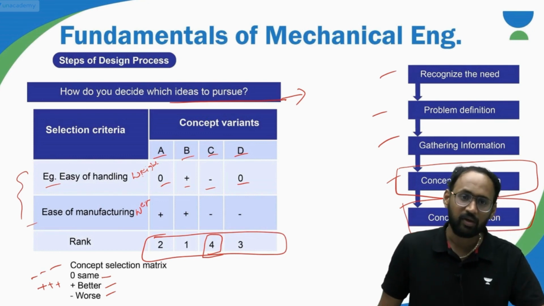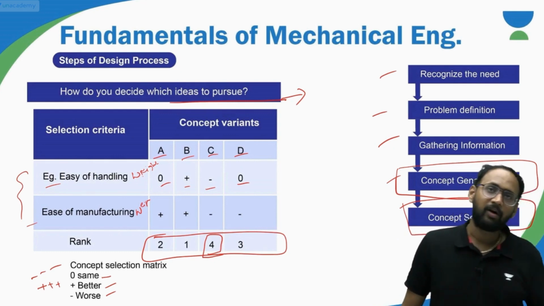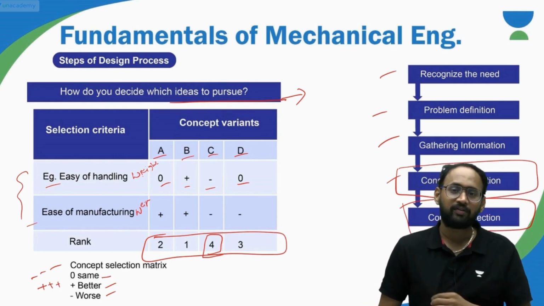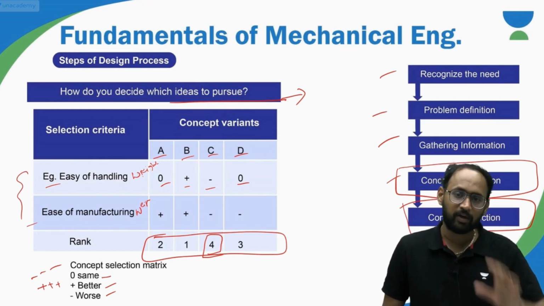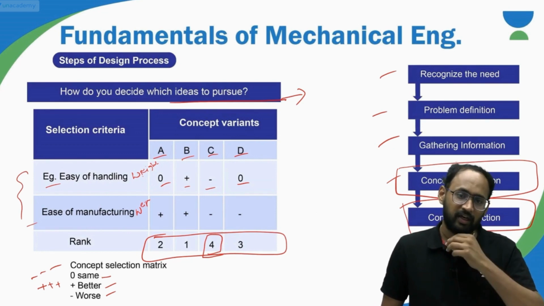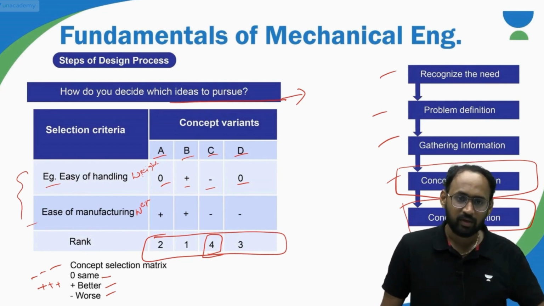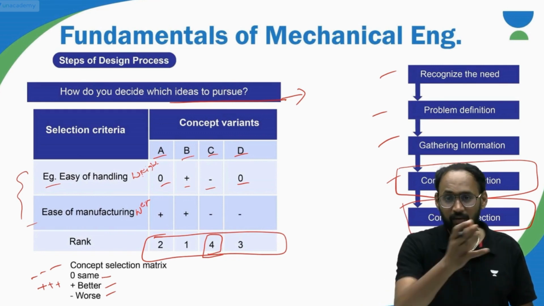So concept selection is nothing but, among the wide range of concepts we brainstormed, selecting one particular concept with particular design criteria. Ranking is one such procedure, as we have seen here.